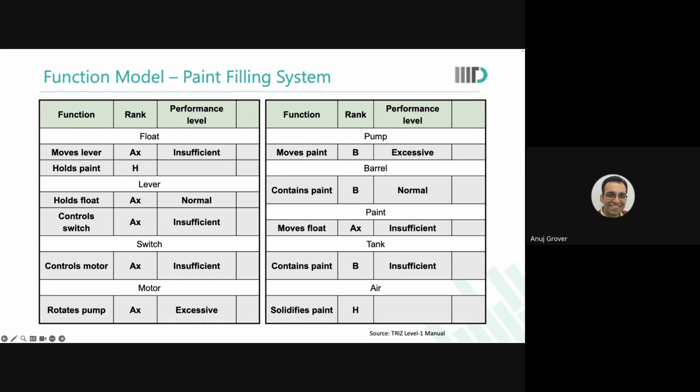Paint is the target of the paint filling system. Radiators or nickel are also there. What is your system saying? Is the radiator the part being filled with paint? What part is filling?